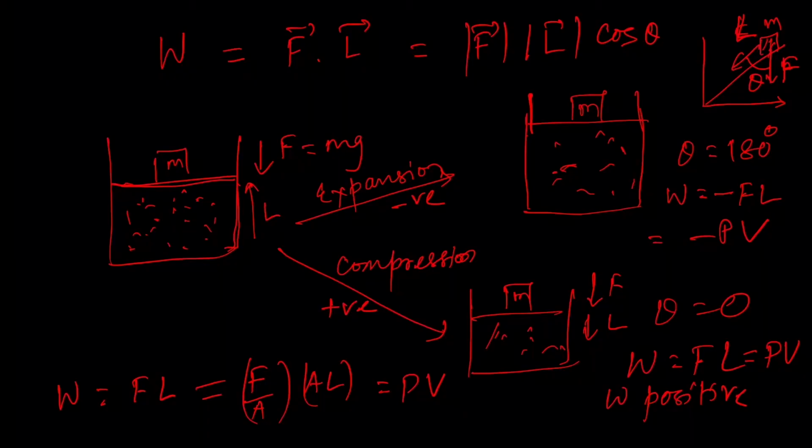But we have to consider by convention that we always consider work is done on the system. So, we have to see what is the work done on the system, okay. That is what we always take as a convention.